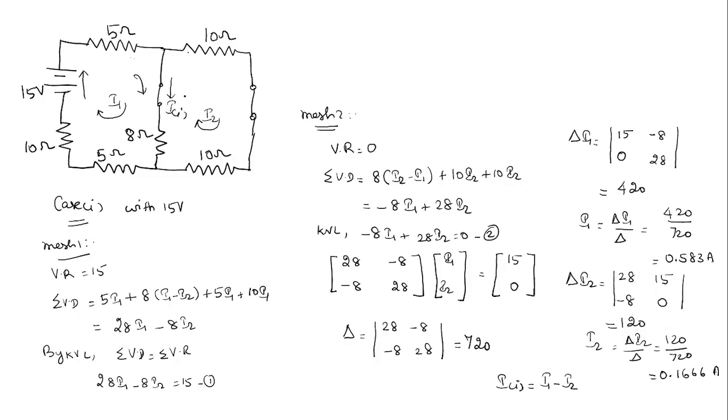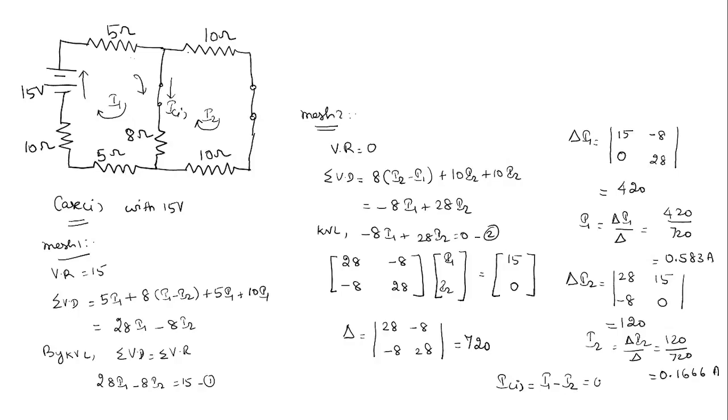If I suffix 1 is in the upward direction, then we have to write it as I2 minus I1. Why? Because in that case, I2 and I suffix 1 will be in the same direction. So whichever current is in the same direction, from that current we have to subtract the second value. Here I1 is in the same direction as that of I suffix 1, so we are subtracting I2 from I1. That is I1 minus I2.